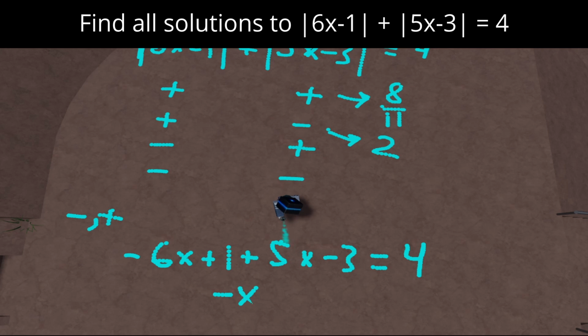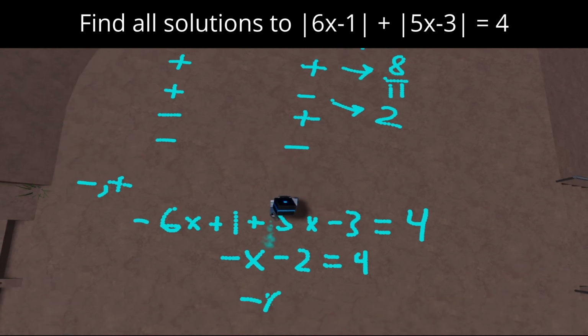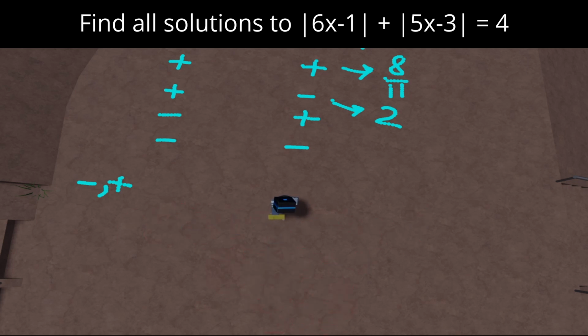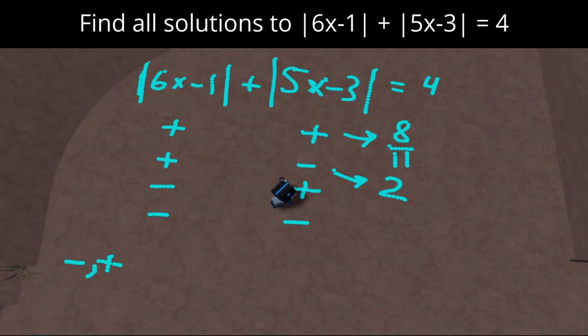If you do -6x + 5x, then 1 - 3 is just -2, equal to 4. And then we'll have -x = 4 + 2, which is just 6, because I added 2 to both sides, which means x is simply equal to -6. So that's another solution. So let me just say that this gives us -6 as a solution.